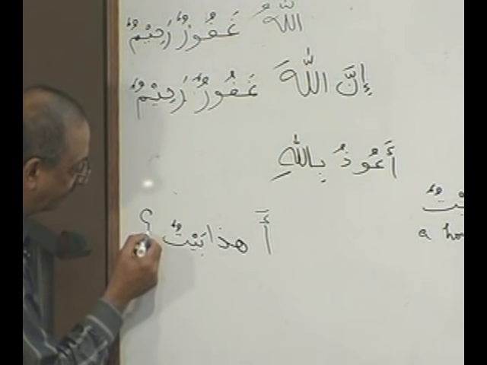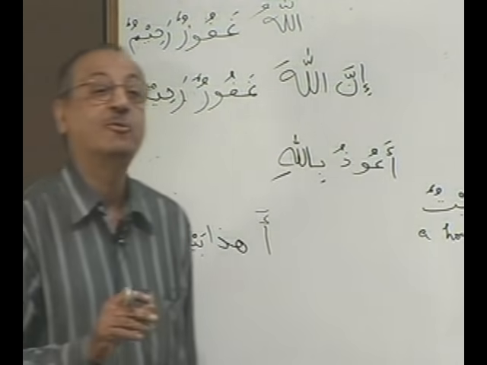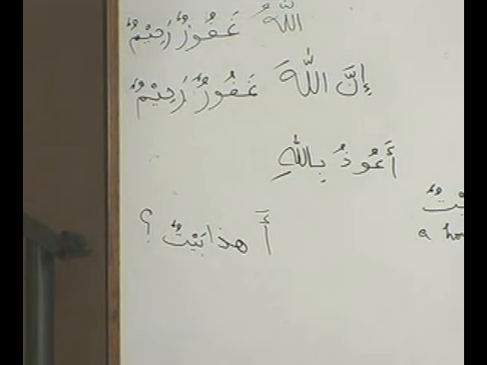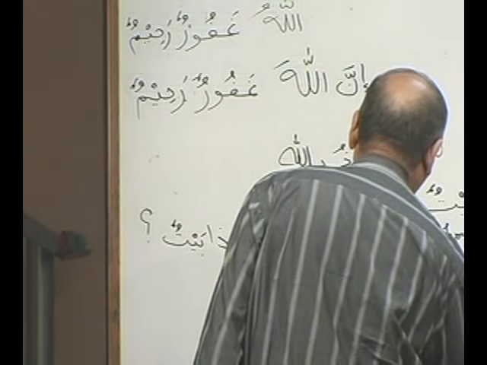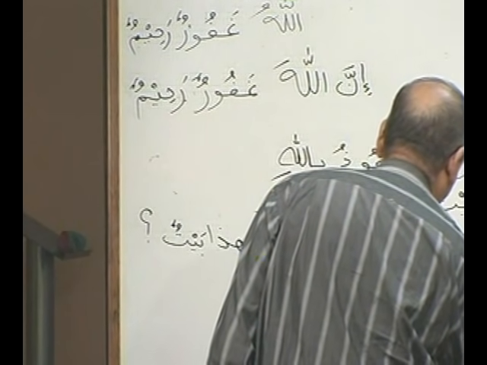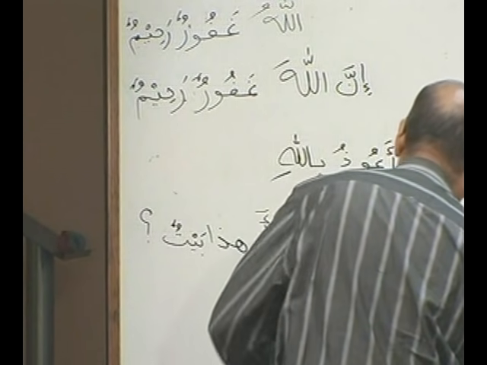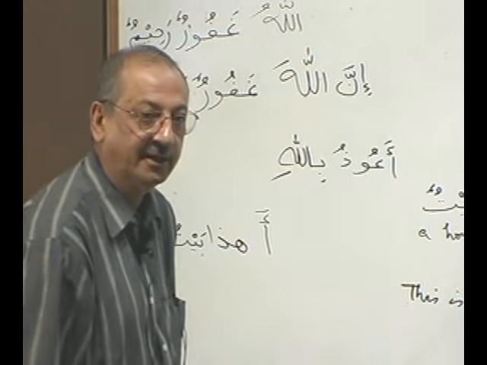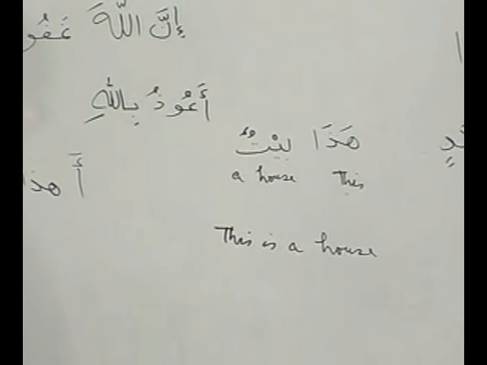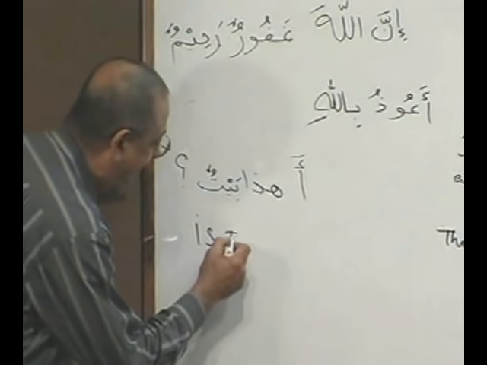But then you will have to put a question mark, and you have to even change your tone. Ahadha baytun. Now you are asking a question, so your tone has changed. This is a house. Let me write it down properly. Okay, brother and sister, this is a house. How about here? Is this a house?